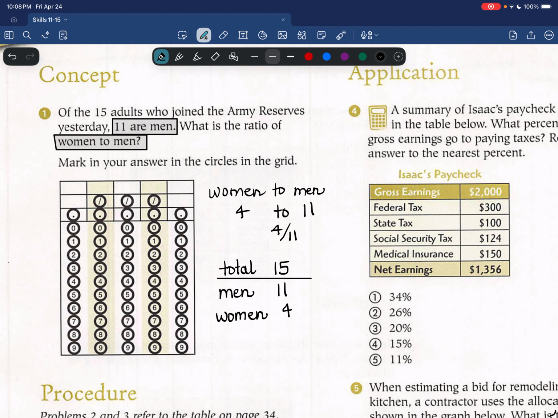So this would be 4 fraction bar 11. And remember, I must bubble in those answers to get the computer to understand what I want it to say. It cannot just read what you write in. You have to bubble in what you want it to understand. 4/11. Women to men. So the women are listed first in this question.